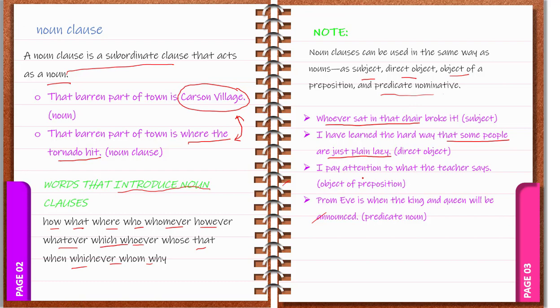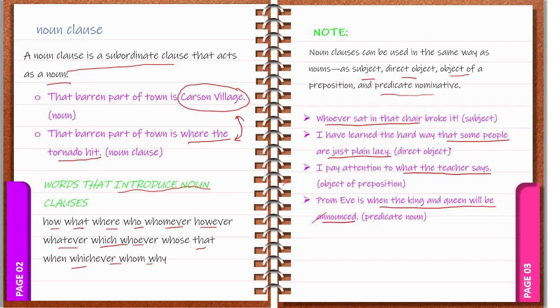As an object of preposition, I pay attention to what the teacher says. What the teacher says is our object of preposition. As a predicate nominative, prom eve is when the king and queen will be announced. When the king and queen will be announced.